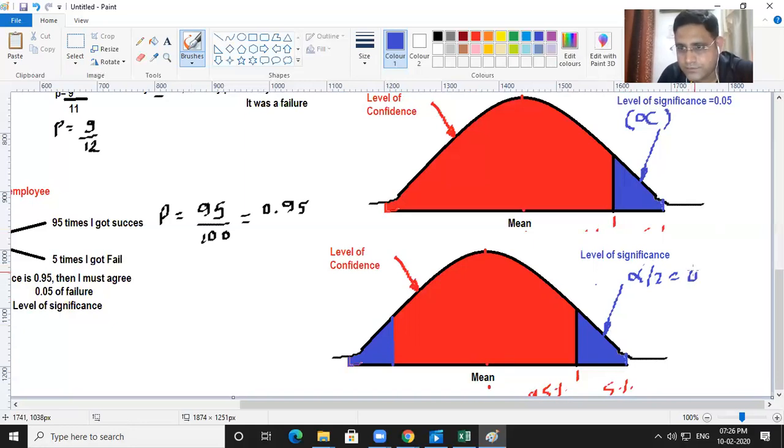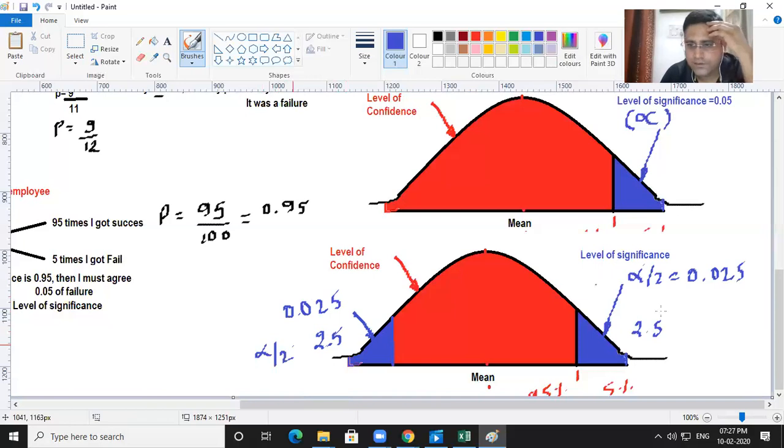So how much will it become? 0.025. And this will also become 0.025. This is 2.5%, and this area is also 2.5%. So again, alpha is divided by 2, level of significance is divided by 2.